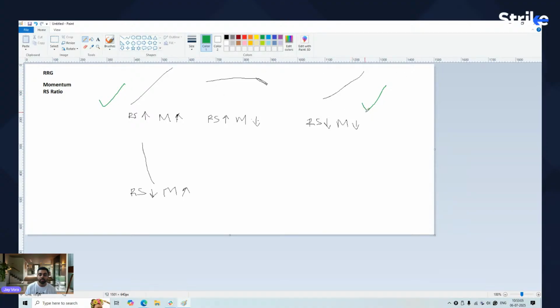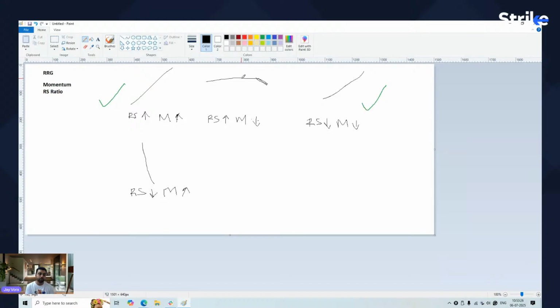And something like this means that that particular stock or index is strongly underperforming for a period of time. This setup means that the performance is better, and that is why the RS ratio is going towards the right hand side.